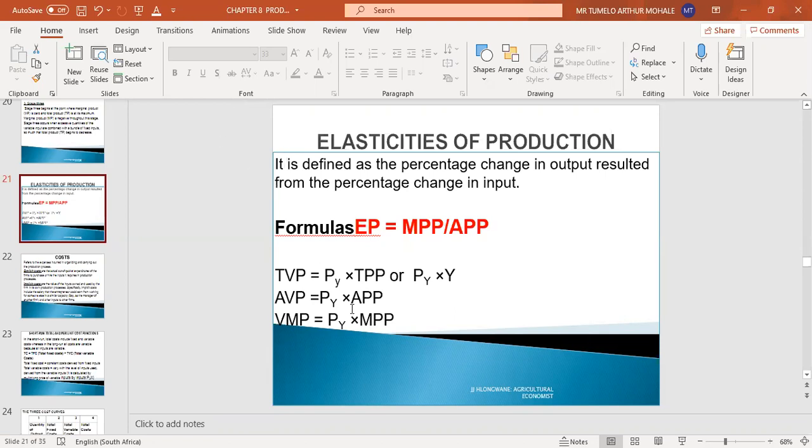Are we together so far? Okay. We are saying when you calculate the variable products, so this is the total variable product, average variable product, and the marginal variable product.